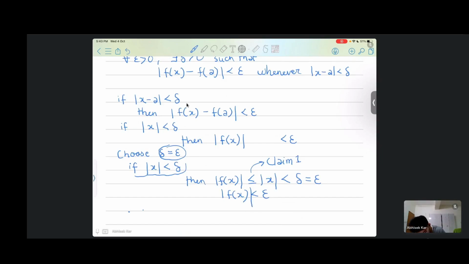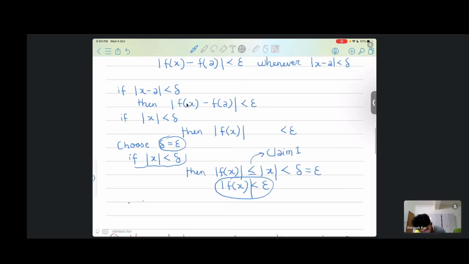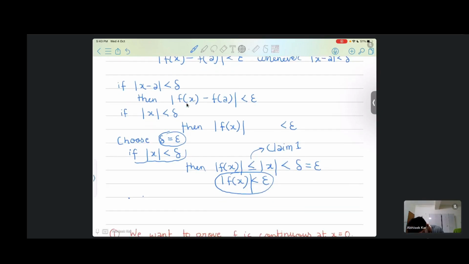So if mod of x is less than delta, then mod of f(x) is less than epsilon. That is what we wanted to prove. So we have proven that f is continuous at x equal to 0.